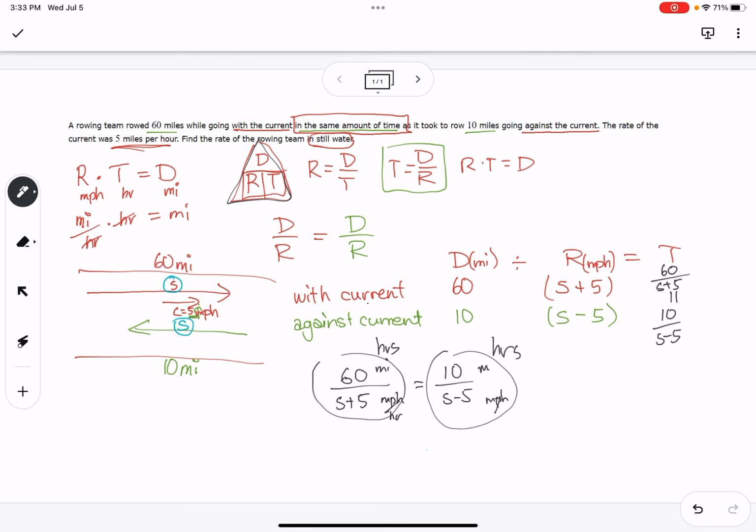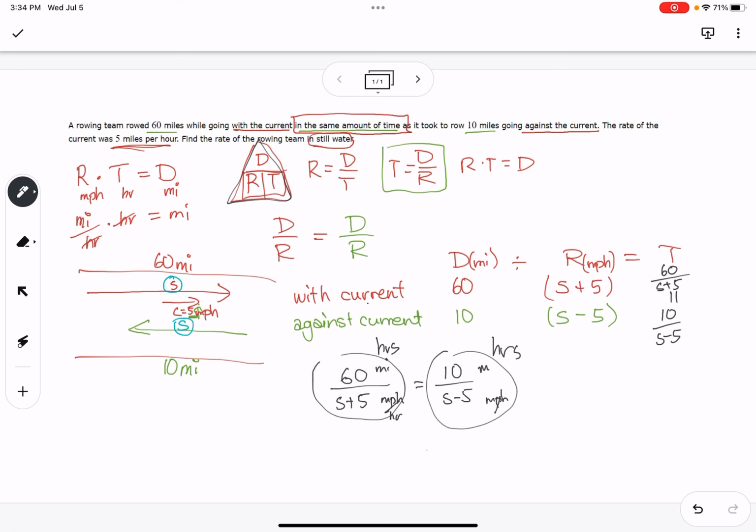So you can go ahead and solve this. There are different ways. You can get a common denominator. You can multiply both sides by s plus 5 and then both sides by s minus 5. Some people like to cross multiply, but that's essentially the same as multiplying both sides by the same thing.